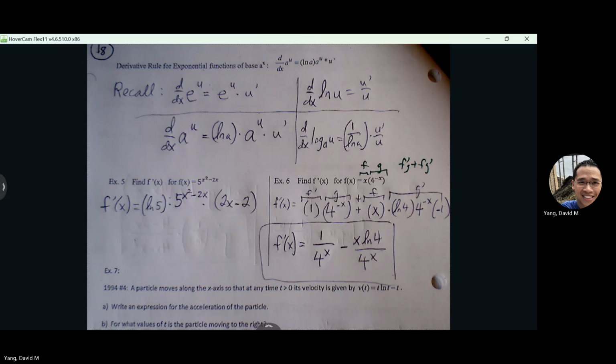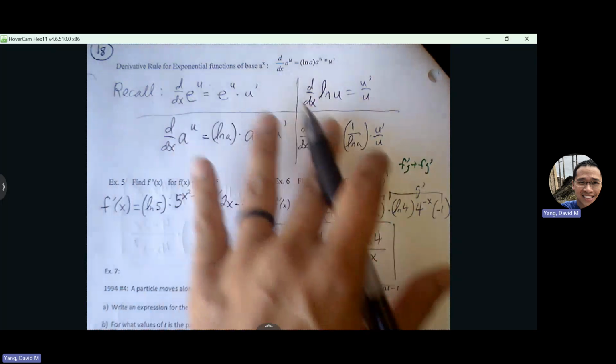Page 19. Let's practice a combination of these rules there.